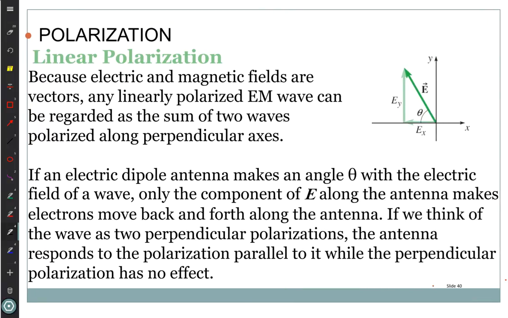So, remember I talked about the electric field vector can be broken up into components. And if I have a polarizer, and the polarizer is only allowing, let us say, vertical polarized light through, and my light is polarized in this green direction, only the E_y gets through. How big is the E_y here?